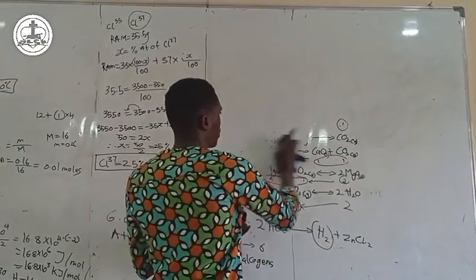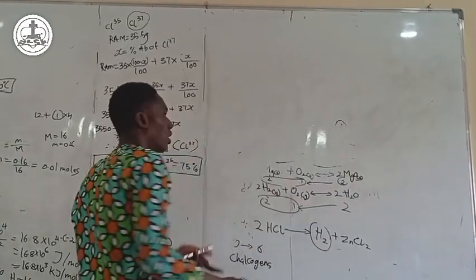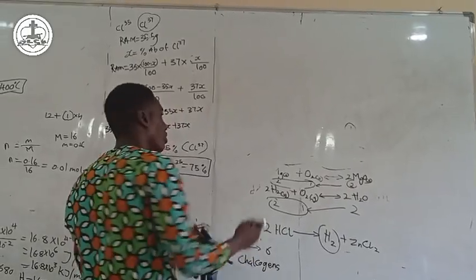So there are several factors that determine the rate of a chemical reaction.